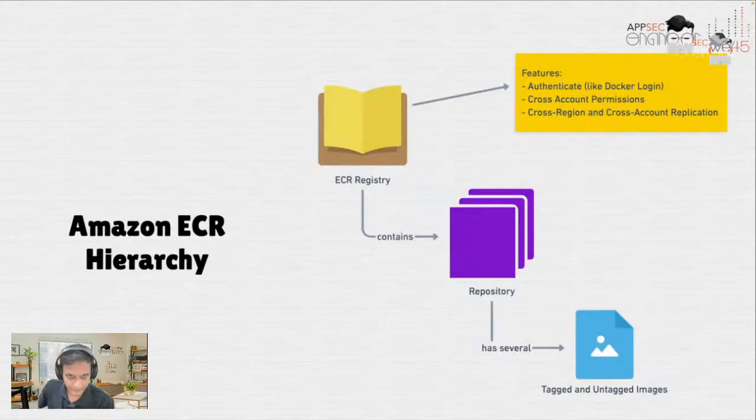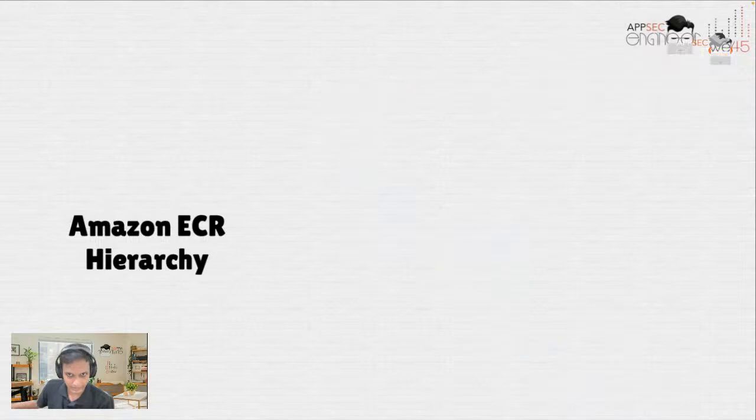Now, on the registry level, you have features where you can authenticate to the registry. If you want cross-account permissions for the registry, you can do that. If you want cross-account replication permissions on the registry level, that is something you can configure as well.